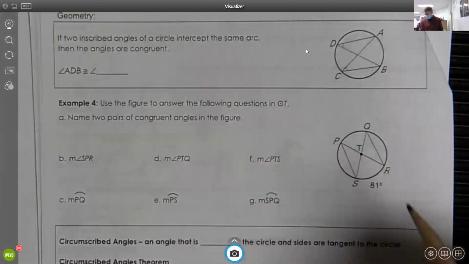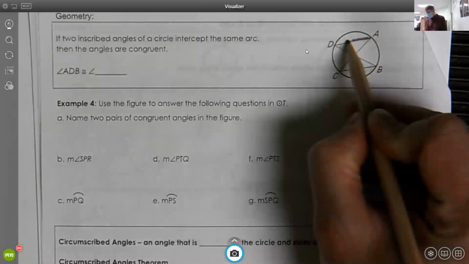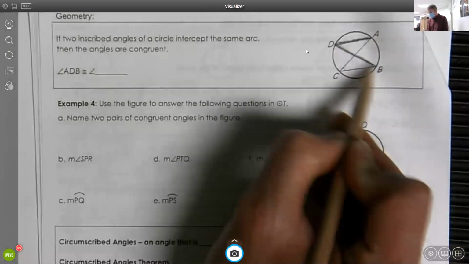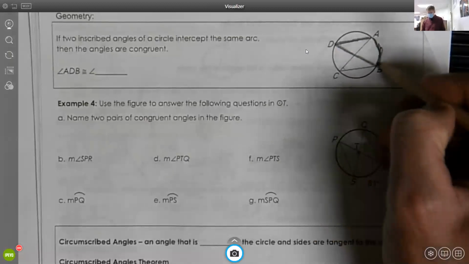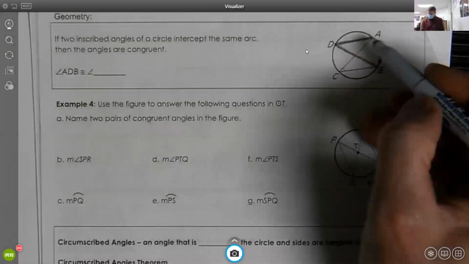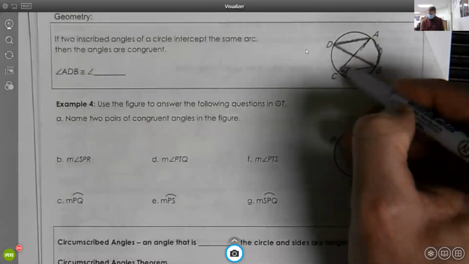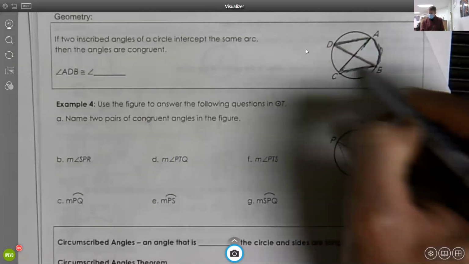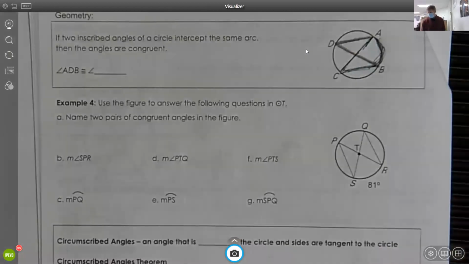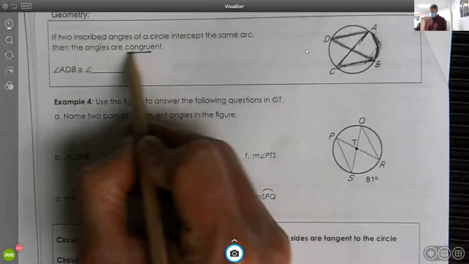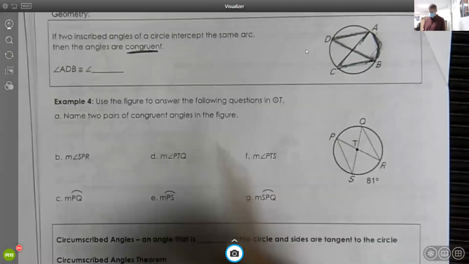So take a look at this. We open up this angle and it touches this arc of AB. And then we open up this angle and it intercepts the same arc. So you're going to be half of the measure of that intercepted arc. So those two angles are going to be congruent to each other.